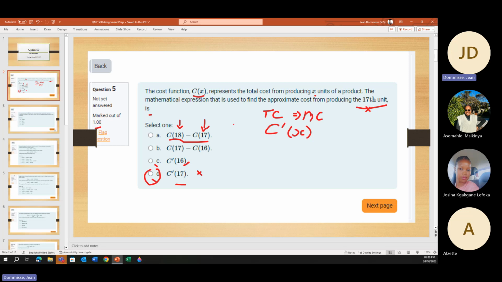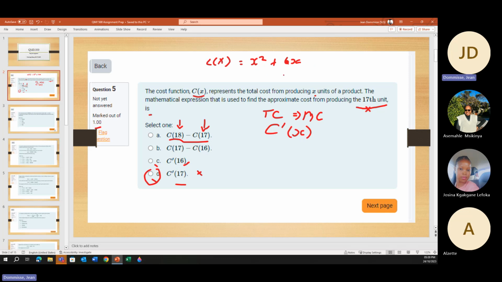Let's quickly say total cost is... and so if I put in 18, I get the value of 18.